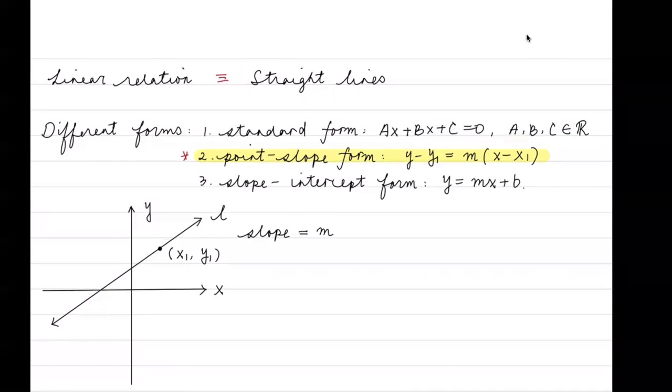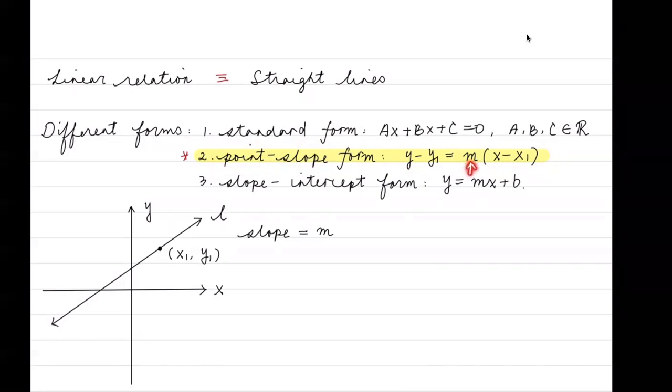Or we have point slope form. This is a second way of expressing a straight line. We can use a point on the straight line and the slope of the straight line, and this is the expression: y minus y1 is equal to m times x minus x1.